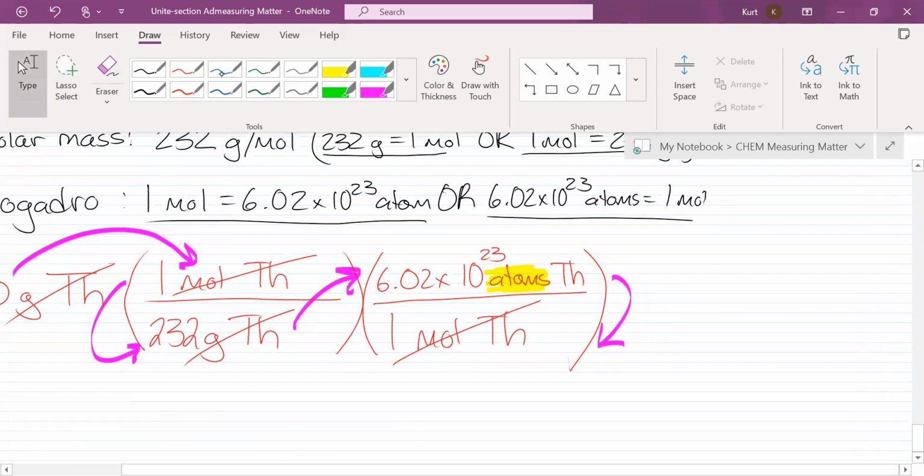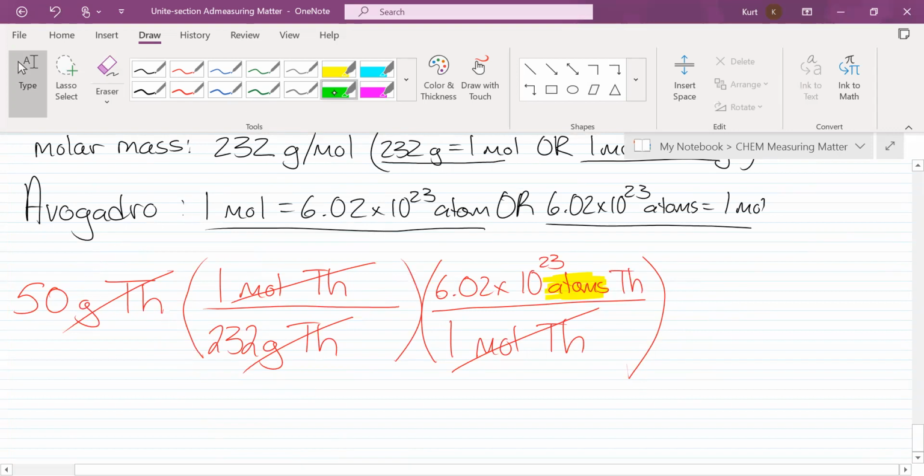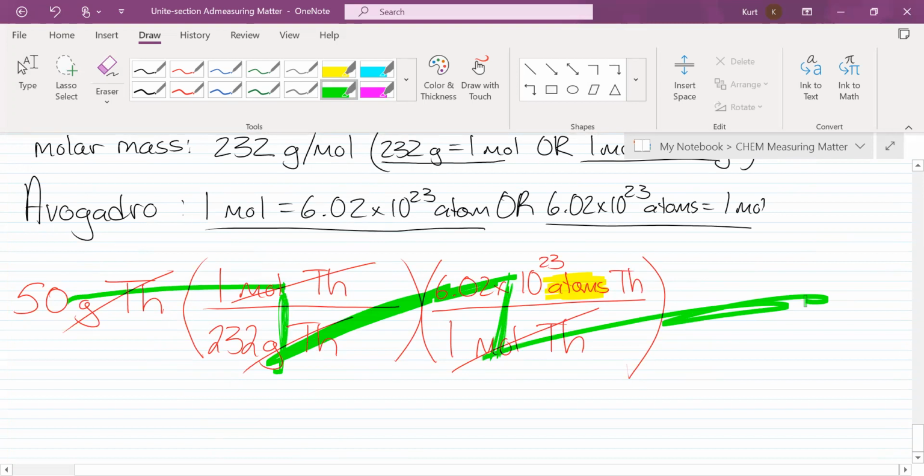No. So I'm going to highlight everything. If you just, that totally blew your mind. Follow this. Multiplication, division. Multiplication, division. And then you have your answer. So it's across, down. So it should be 50.